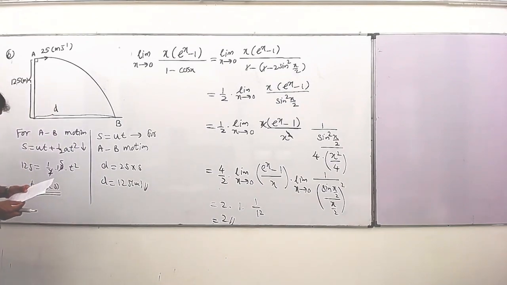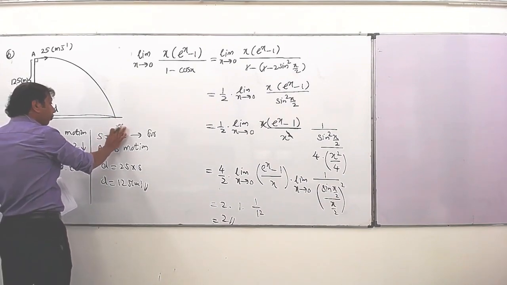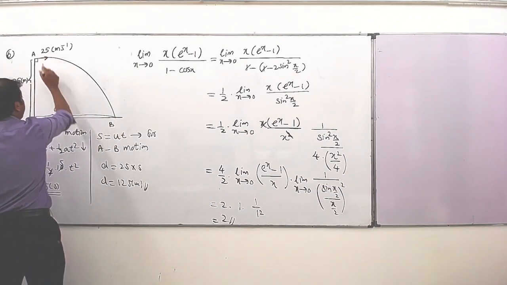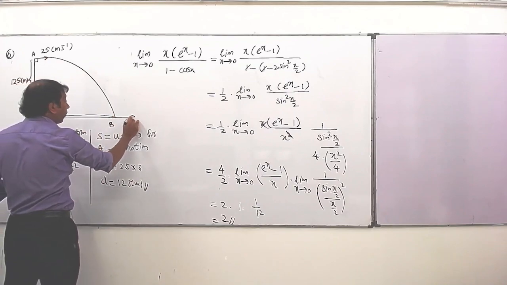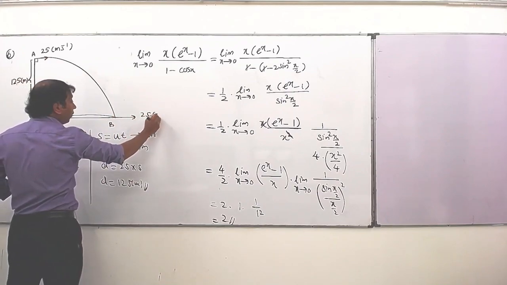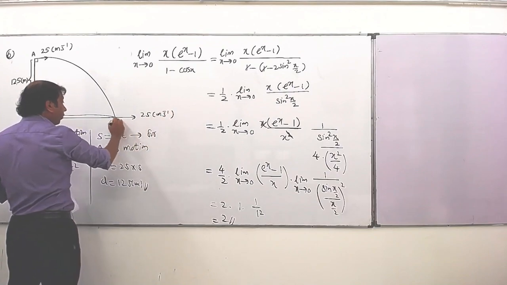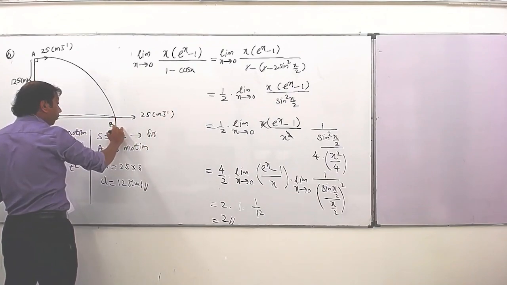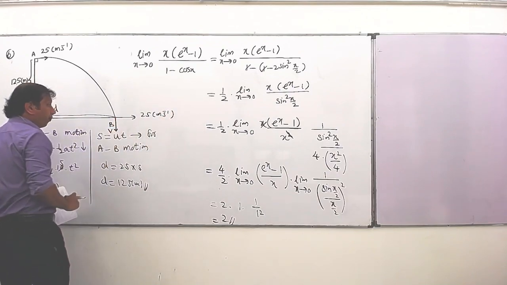Find the magnitude and direction of the velocity when the particle hits the ground. You know, when the particle hits the ground, this horizontal velocity never changes, no? It has horizontally 25 meters per second. Vertically, let us take this as v.